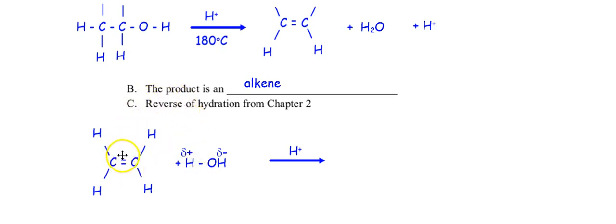It's going to be involved in breaking that bond, forming a momentary carbocation, which is positive, and then the OH is going to hop back on again. So that was our addition reaction when I had my alkene. Do you remember that? Well, this is the exact opposite, isn't it? I can have my alkene, add water with an acid, and I'm going to make my alcohol. So there you go, opposite from chapter 2.